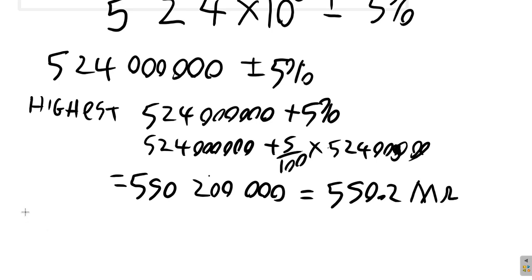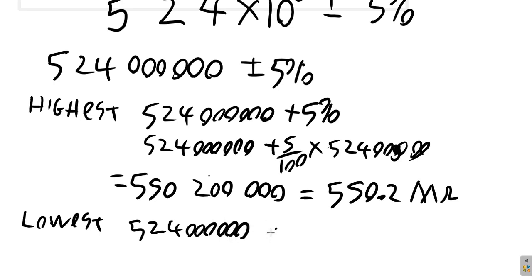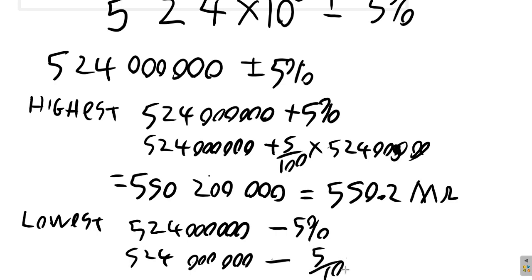Now, what is the lowest value that it should take? That's going to be 524 million minus 5%, which is 524 million minus 5 divided by 100 times 524 million.